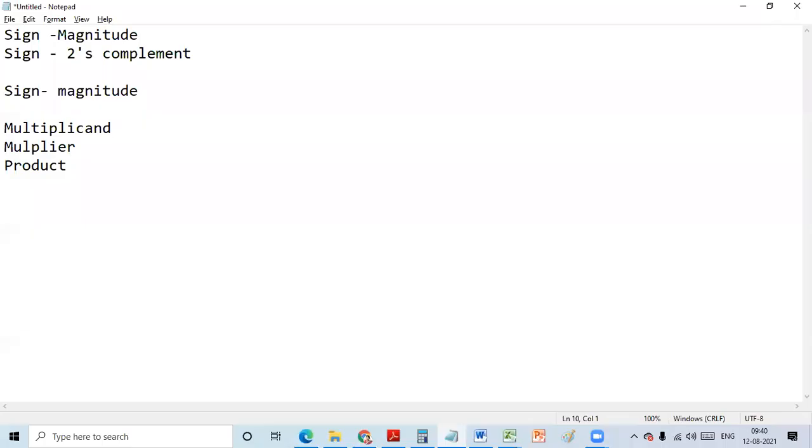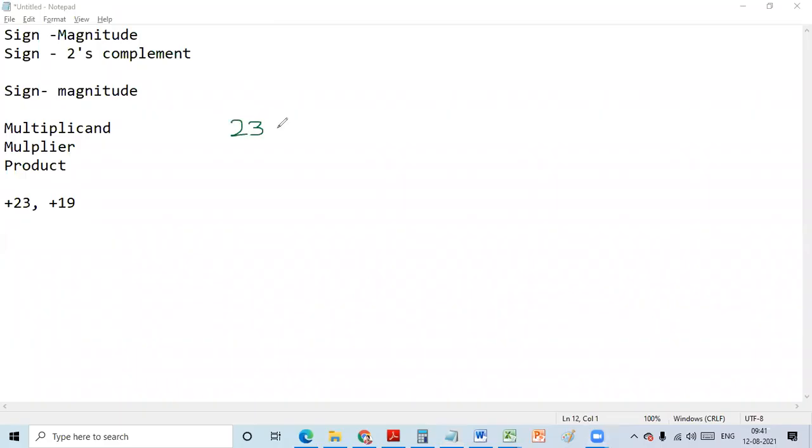Okay. So let us consider two numbers, plus 23 and plus 19. These two are represented in sign magnitude. How will we do it manually?